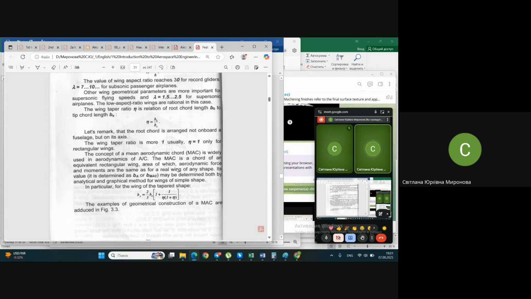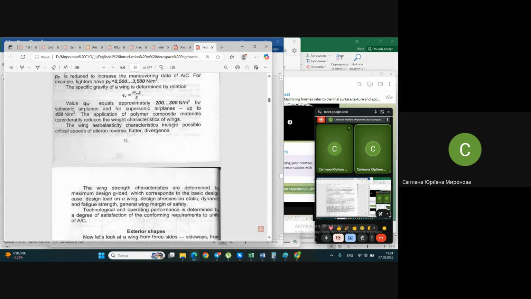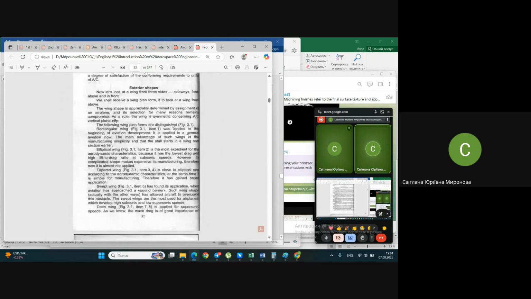Once again, in English books, it may be called just mean chord. Well, this mean chord, and how to find it for a tapered wing using this parameter of wing taper ratio, the ratio of narrowing, let's say. Very well. Whatever you need there, it's possible to find.